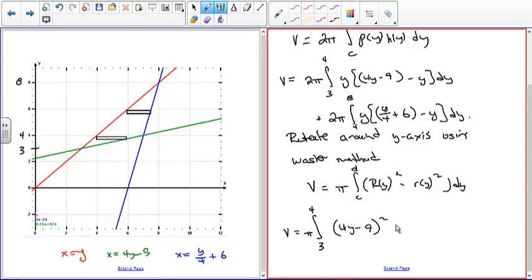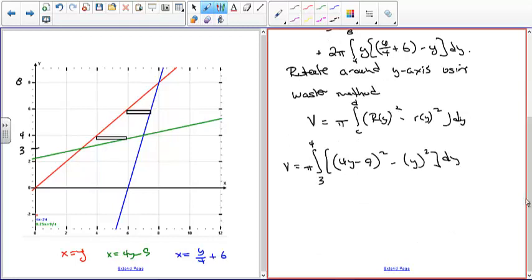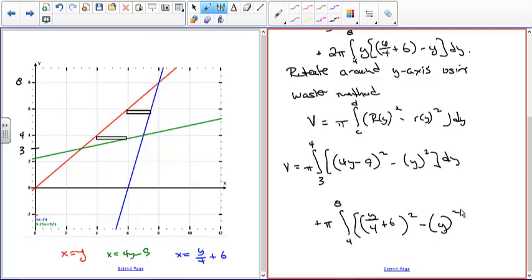That's your outside radius, and your inside radius is y. So you square that and multiply by dy. And then the second part is pi times the integral from 4 to 8. This now defines the outside radius. So I square that, subtract the inside radius squared, and multiply by dy. Okay.